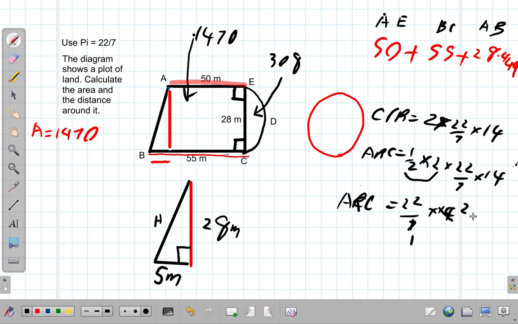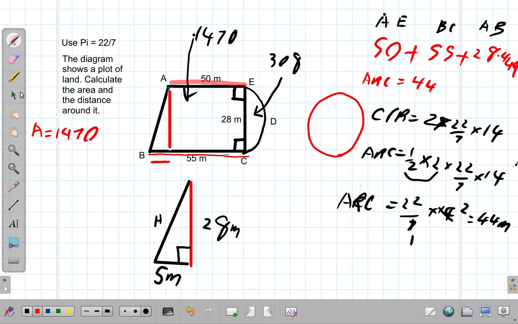So it's 22 times 2, which gives you 44 meters. Alright, 44 meters. So in this case, the arc measures 44 meters.